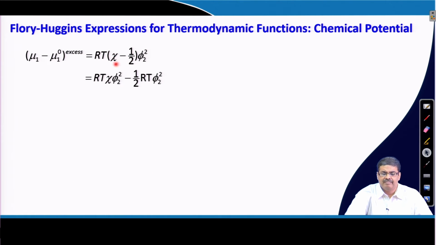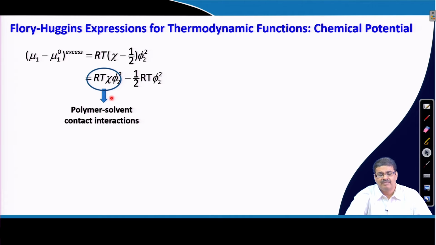Now, we can expand this expression. This first term is because of polymer-solvent contact interactions. In an ideal solution, there are no contact interactions, and del H, the enthalpy change of interaction between polymer and solvent, is 0, but in the case of a real solution this is not 0, and because the enthalpy change is not 0, it also influences the polymer conformation.